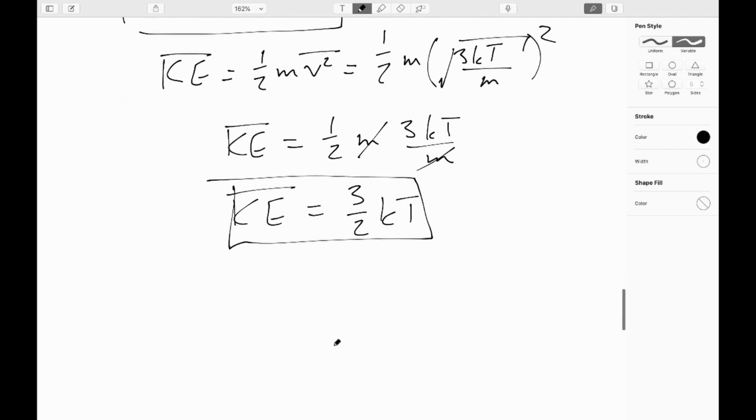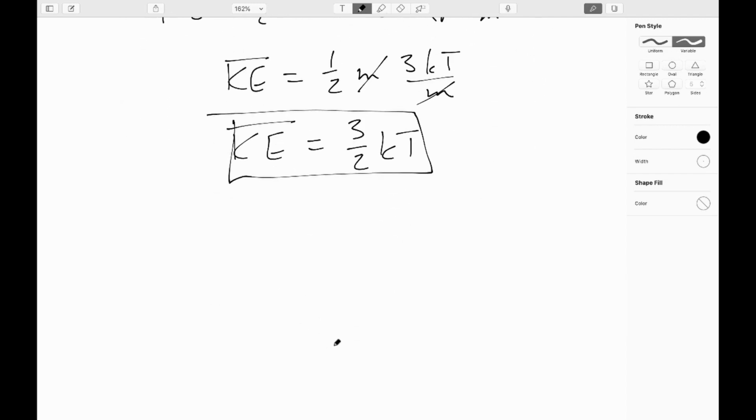The thermal energy for an ideal gas, now if it's other kinds of gases, that 3 could be a 5 or some other number, will just be the kinetic energy of all the particles. So it'll be N times the average kinetic energy of one of them, so that'll be 3/2 NkT.